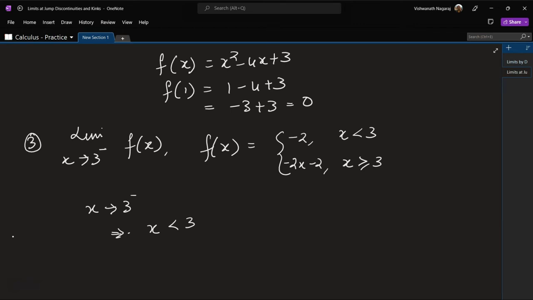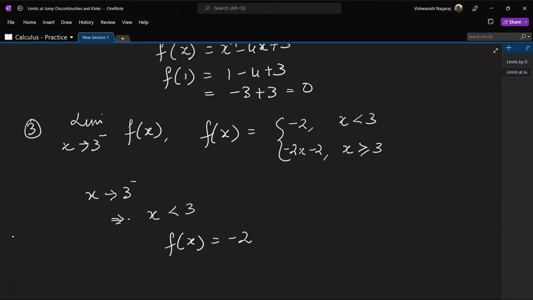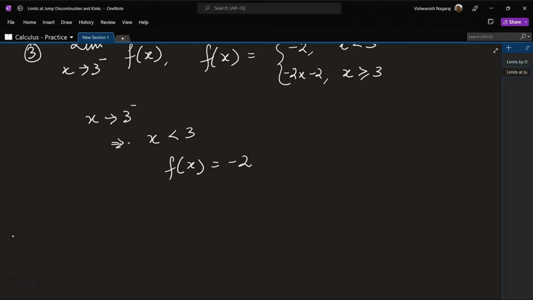So our function will be f of x equal to minus 2. Here x would be very, very close to 3 from the left hand side, but we have a constant, so that itself is the limit. To write it properly, limit as x approaches 3 from the minus side of f of x is equal to minus 2.